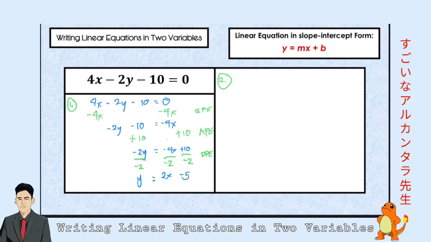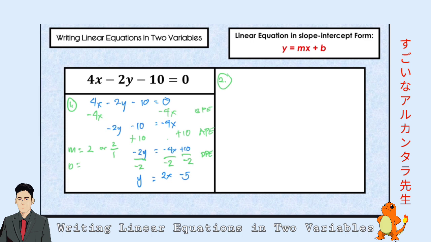And I would like to repeat, we can identify the slope here as positive 2 or 2 over 1. The reason why I'm showing you again the skills that we have discussed from the previous lessons is because it's going to be helpful for us in graphing in the future, putting whole numbers into their fraction form.